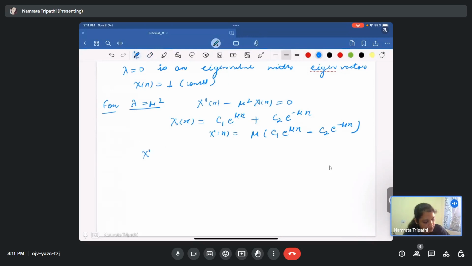Now X dash 0 is equal to 0. That implies c1 minus c2, that is c1 is equal to c2.